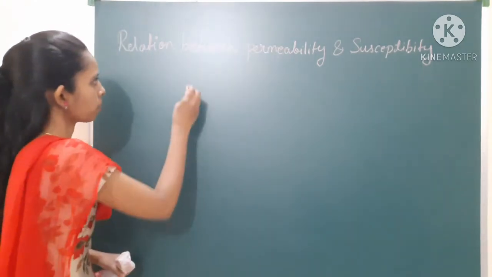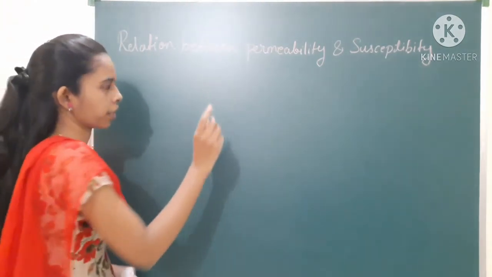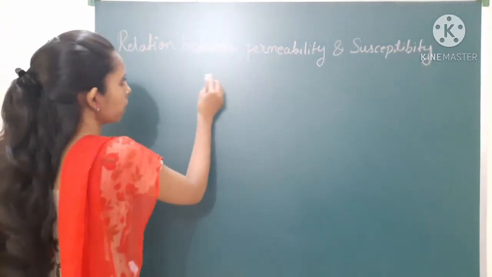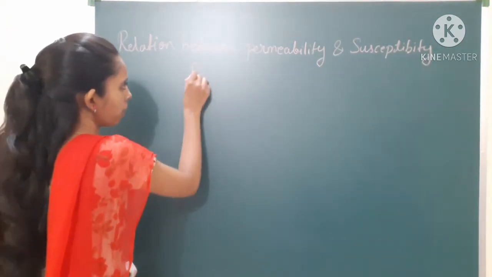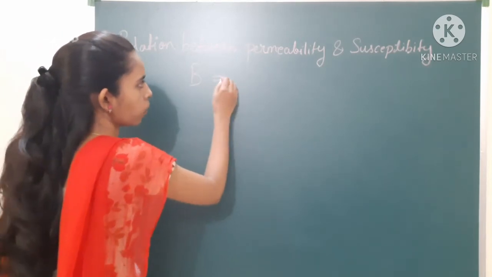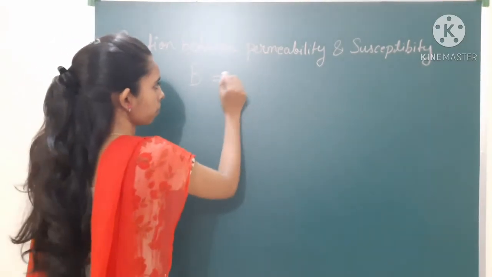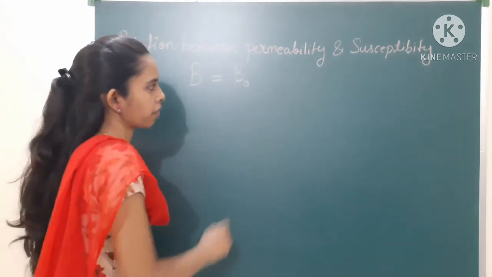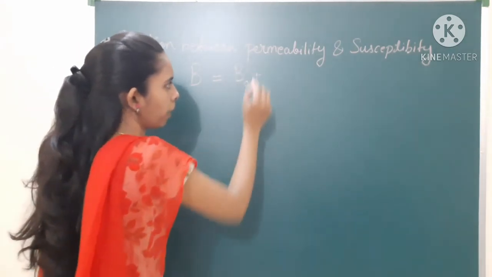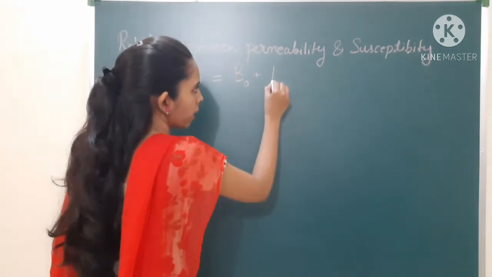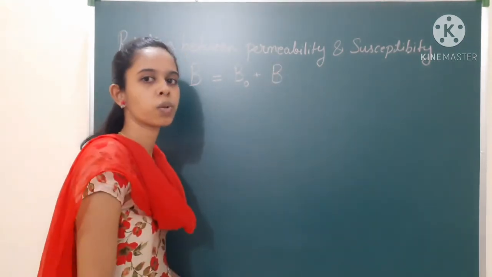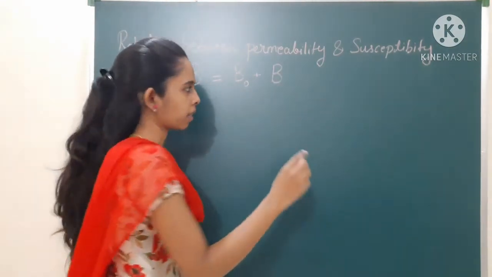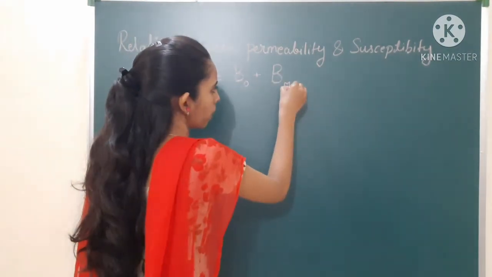The net resultant magnetic field will be B, which is equal to the sum of the external magnetic field plus the induced magnetization inside that specimen, which is denoted by M.